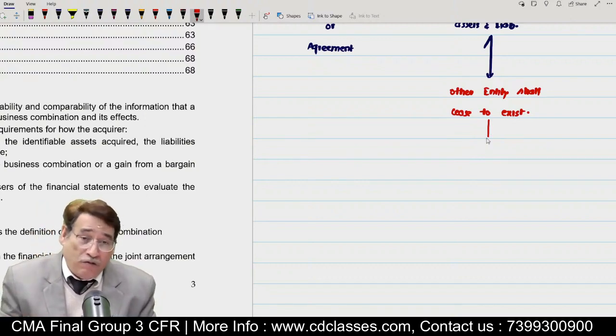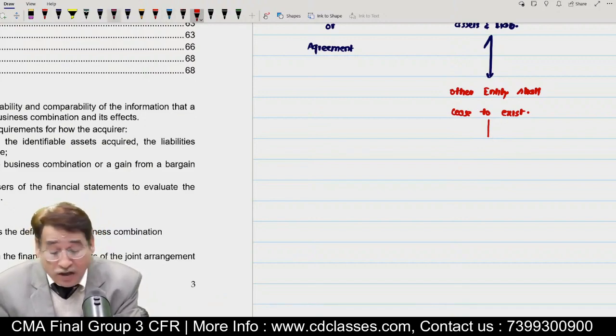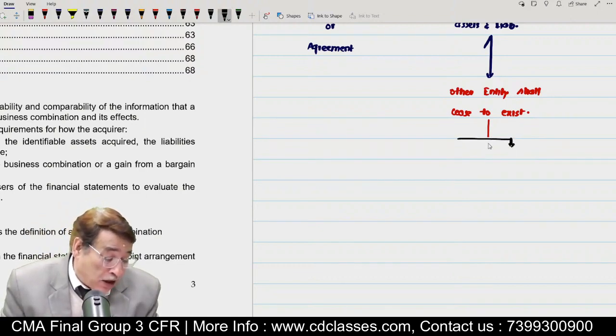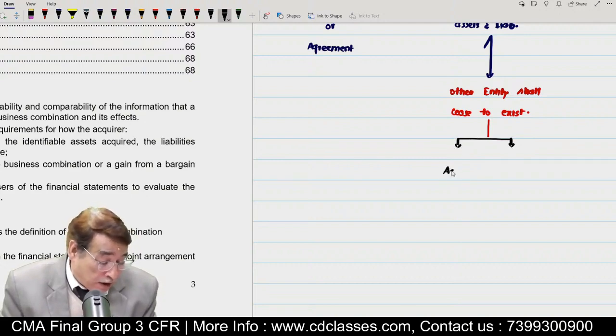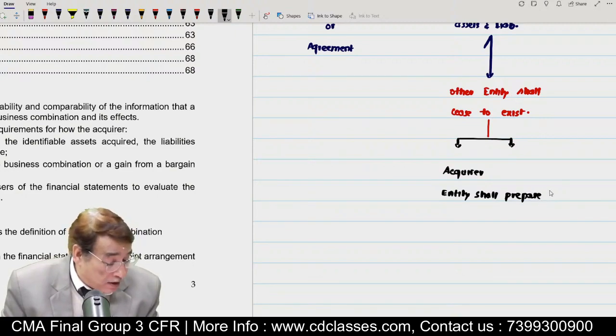Now, in this case, generally we say that when we get the control over the other enterprise, we have to prepare the consolidated financial statement. But in this case, because the other entity is no more, how can we consolidate? No question of consolidation. Only separate financial statements will be prepared in this particular case. Is it clear to you? So the acquirer entity or parent entity shall prepare only separate financial statements.